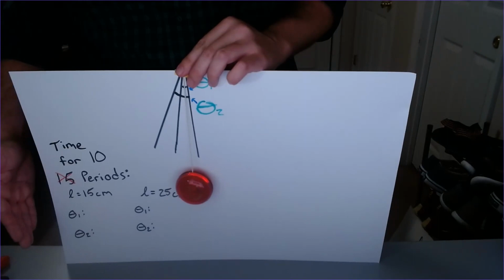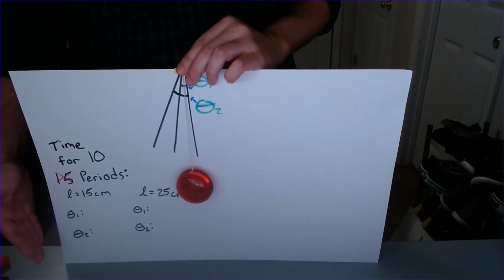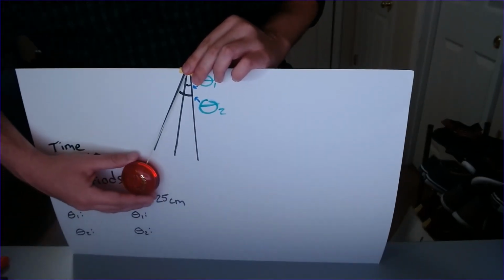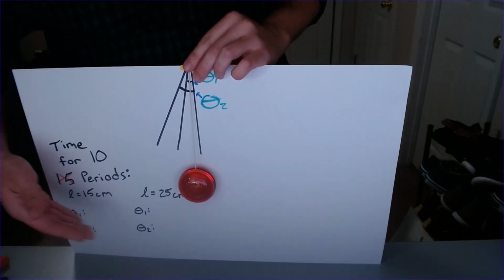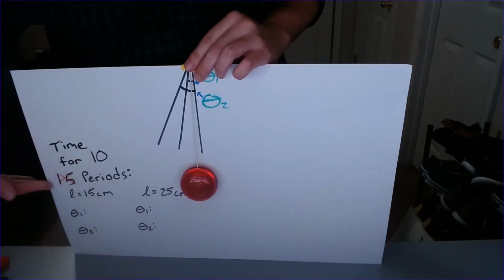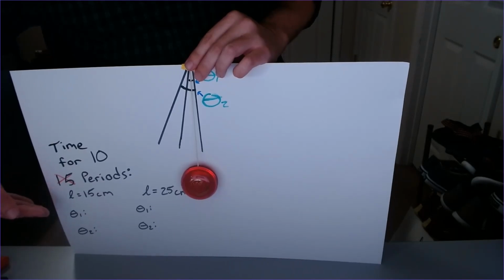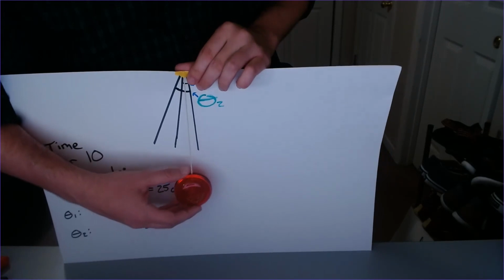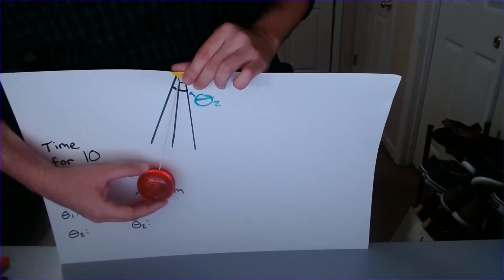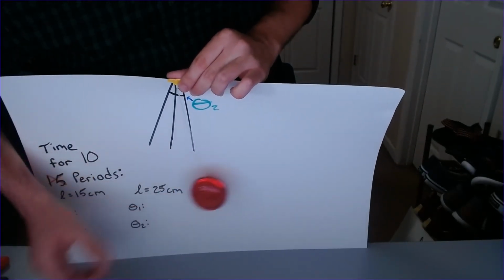Introducing my budget setup. What I'm going to do here is change the angle from theta 1 to theta 2 and change the length of the string from 15 centimeters to 25, and measure 10 periods to make sure that the thing that we have derived previously is correct. So tilting it back to theta 1, we measure 10 periods starting now.